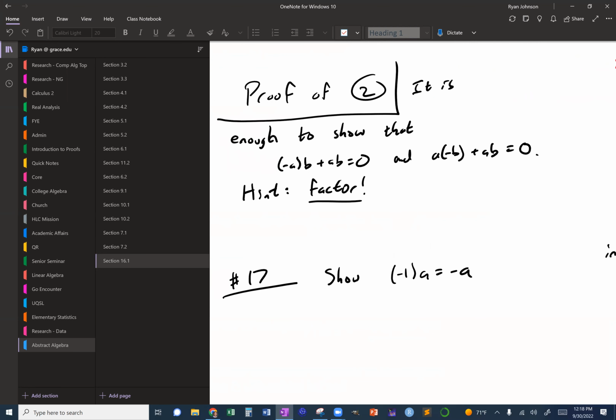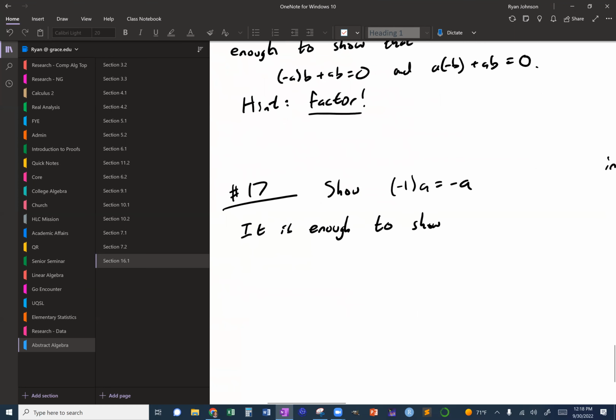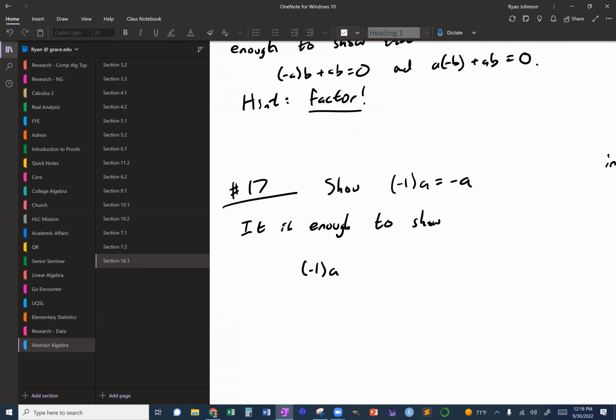So you want to show this. In your proof, you can say it is enough to show -1 times A plus A equals 0.